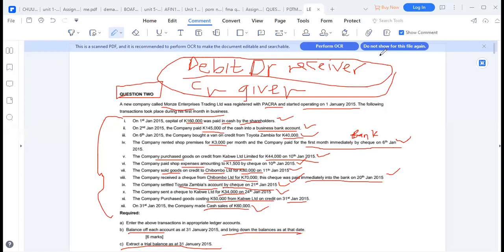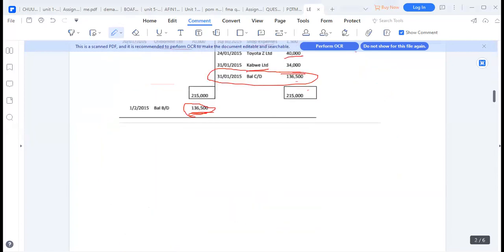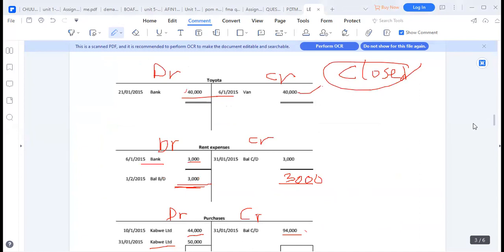Okay. What I was trying to explain is that the account was paid, like Toyota Zambia was paid completely because we bought from them on credit and we settled them exactly by check. For this reason, they should not appear in the trial balance because this account was cleared.